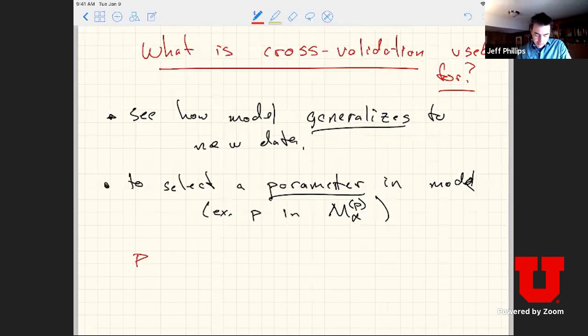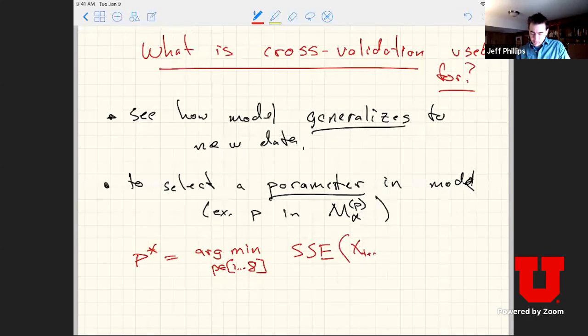So P star, which is the best, would be the argmin over P from 1 up to 8, if I went up to a degree 8 model, of the sum of squared errors of x train, y train, x test, y test on the model with degree p.